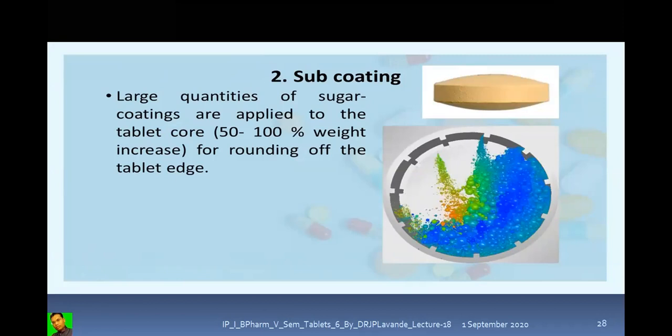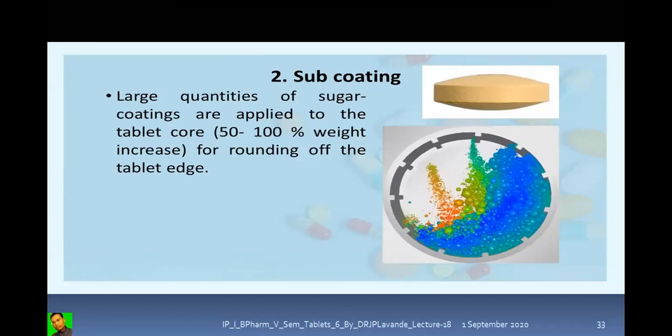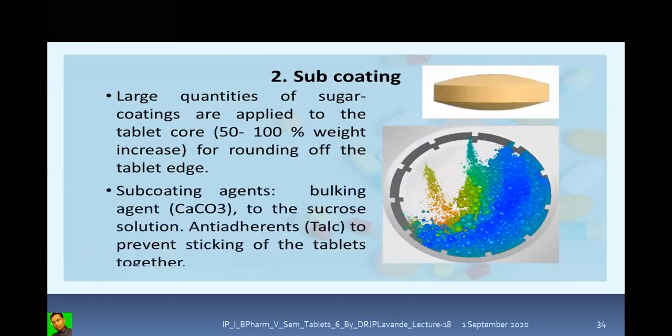That is useful in order to round off the tablet, to get the edges rounded off. The different kinds of coating agents used are the bulking agent, for example calcium carbonate, added to the sucrose solution, and anti-adherent talc to prevent the sticking of the tablets together.